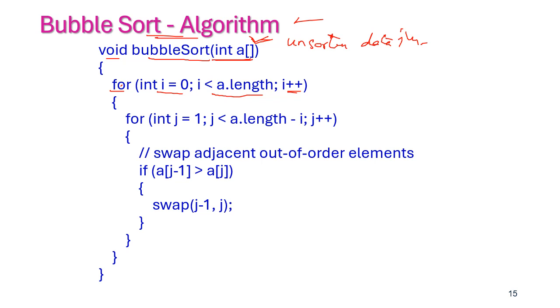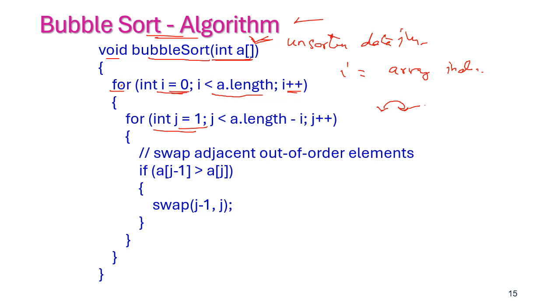That is the array index. i indicates the array index. Okay, and next another index is j, which is used to compare the neighboring data items for every iteration. Okay, j equal to 1.